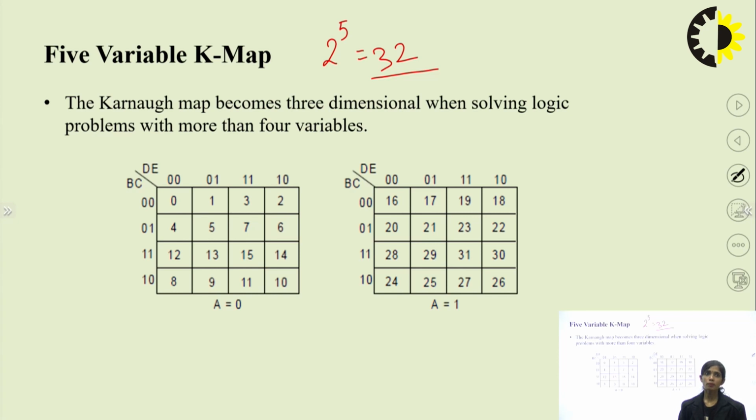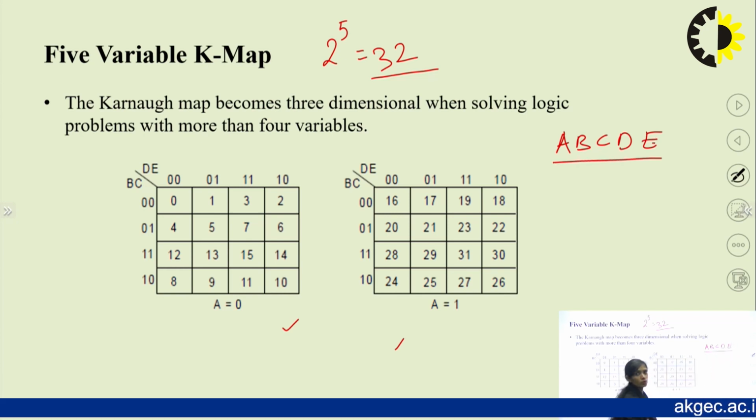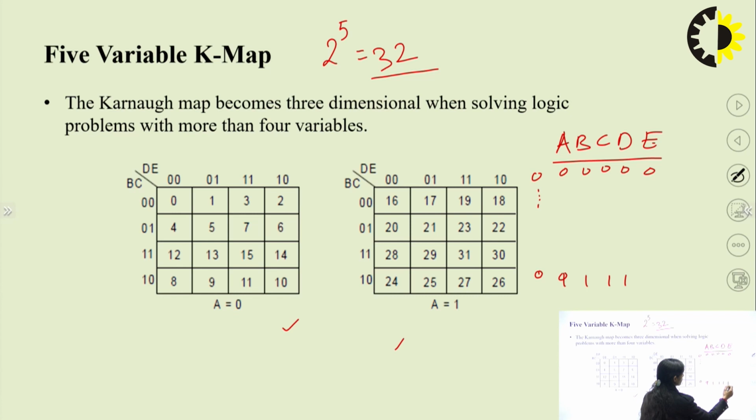So it can be split up in the form of 4 variable K-maps by assuming it in the form of a table. Because we have A, B, C, D, E, we have 5 variables. So we can assume the table 0, 0, 0, 0, starting from 0 value up to 1 1 1 1.